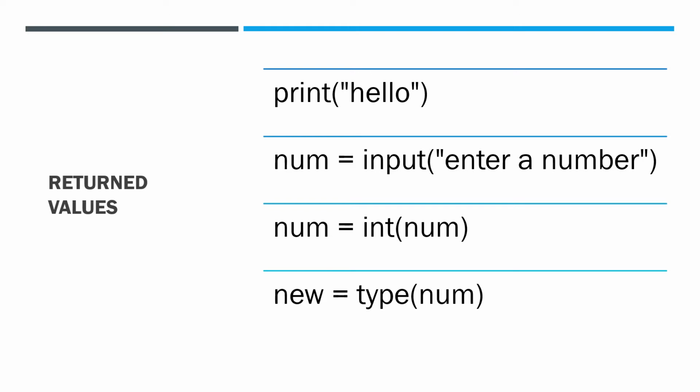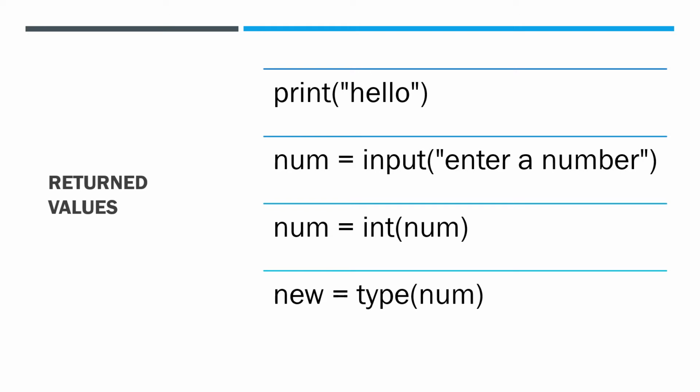So this command here, num equals input, the value produced by the input function will be saved to a variable called num. The third example, where a variable is converted to integer form, the new integer value is saved back into the same variable. So num is the parameter and the returned value.